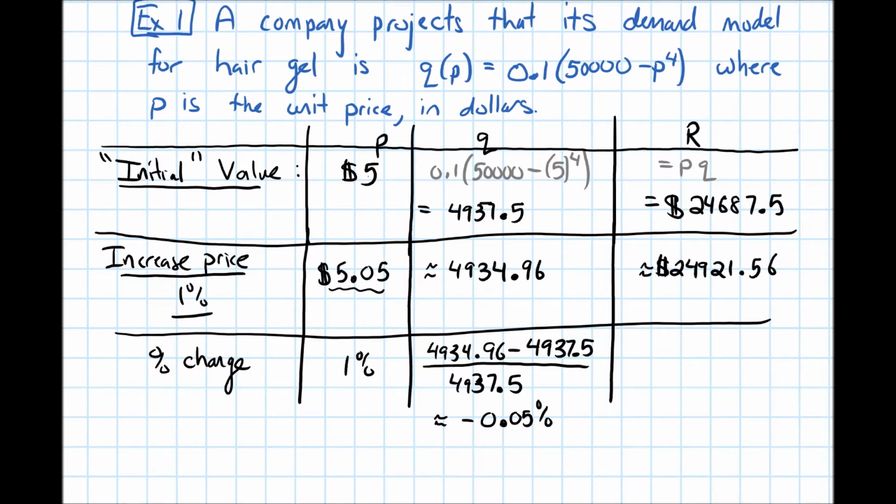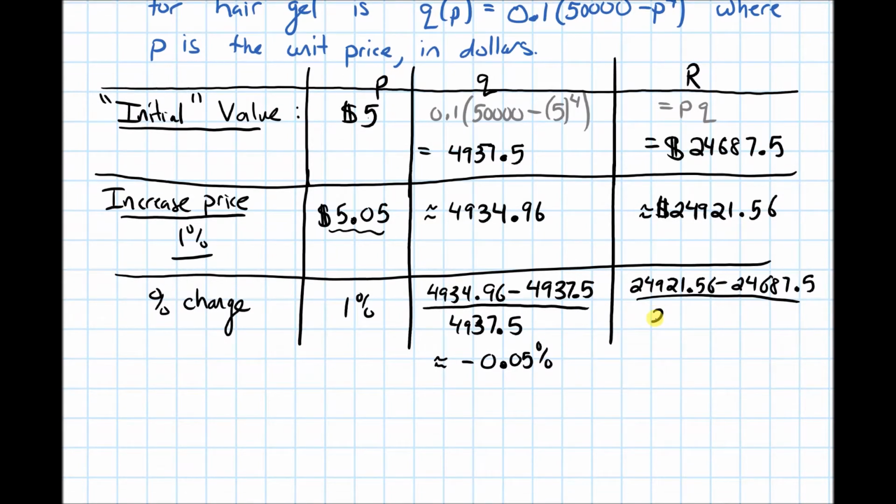So I do my new revenue, 24,921.56, minus the initial, which was 24,687.5, and then divided by the initial. So the initial was 24,687.5. And using a calculator, this ends up being about 0.95%. So that's my percentage change in the revenue.